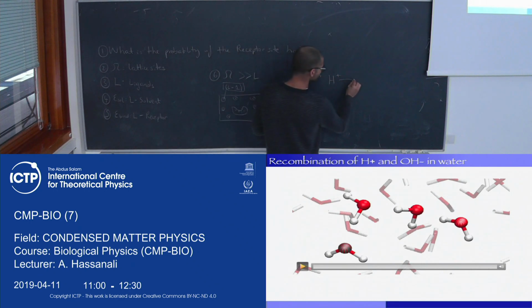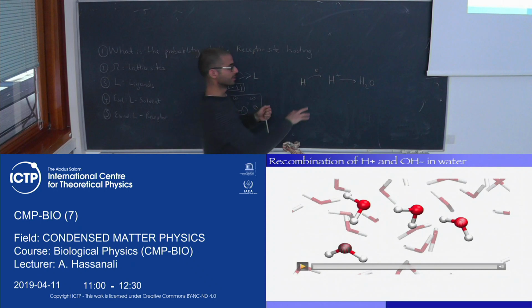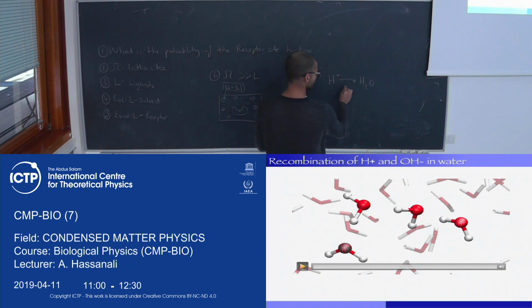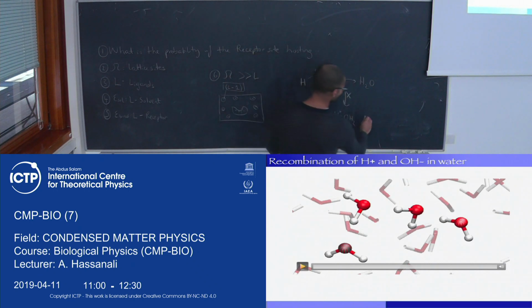Now when you put this in water, there's some very complicated electronic structure and interactions that take place. So it does not become, let's put the O here, it doesn't form anything like this, but what it forms is H3O plus.